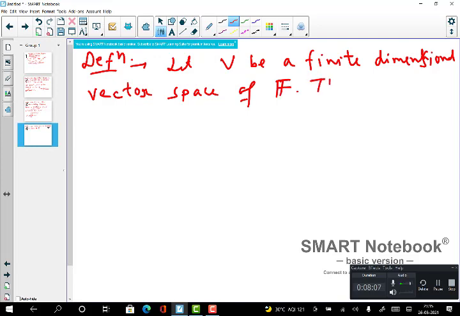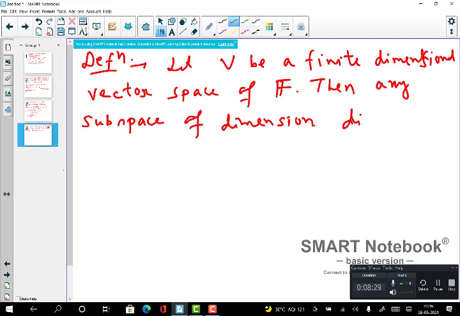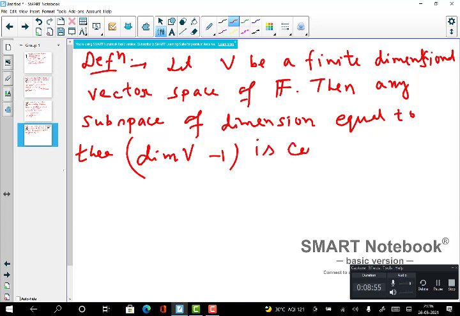Okay, then any subspace of dimension equal to the dimension of V minus 1 is called a hyperspace.